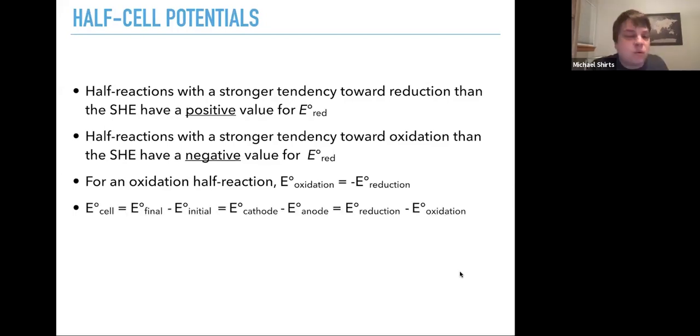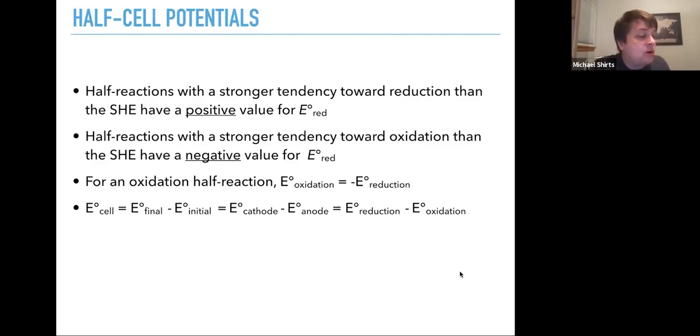And so this is the important key for the standard potential for a cell. It's going to be the E final, where the electrons end up, minus the E initial, where the electrons start from. Usually when we see differences, it's always final minus initial, that's the convention. And so where do the electrons end up? They end at the cathode, where reduction is taking place.